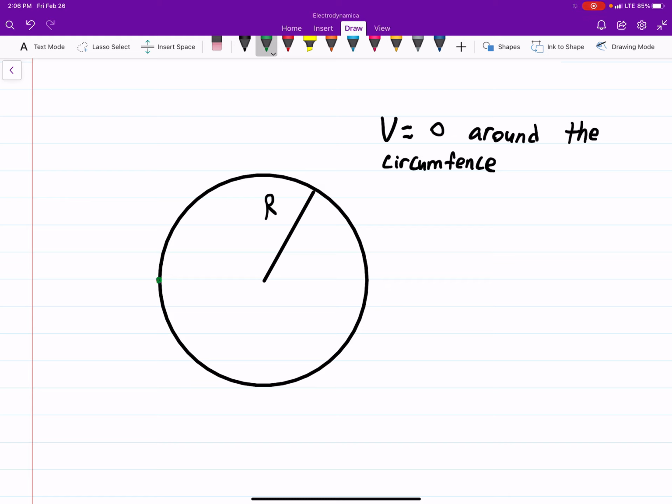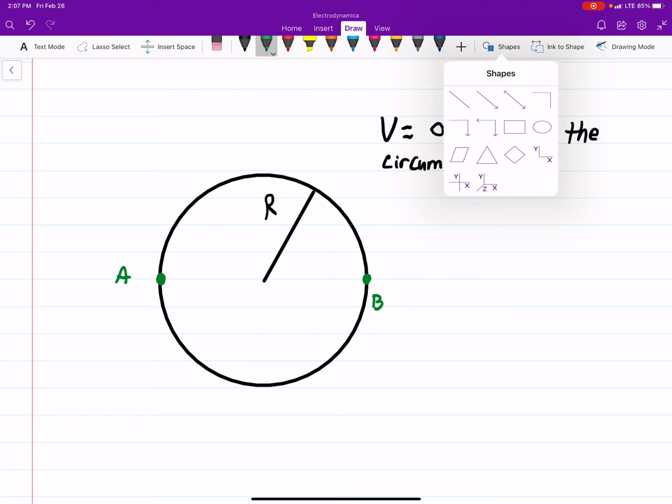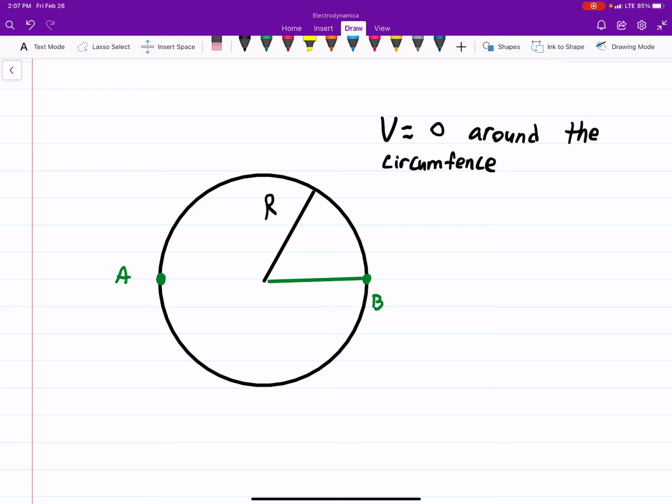Okay, so we have this point here. I'm going to call this point A. I'm going to call this point B. And I'm going to put a charge, in red, and I'm just going to put a charge Q right here.